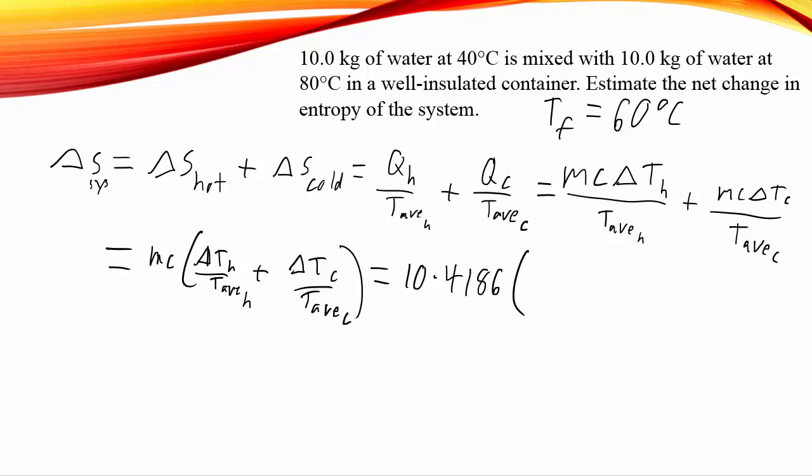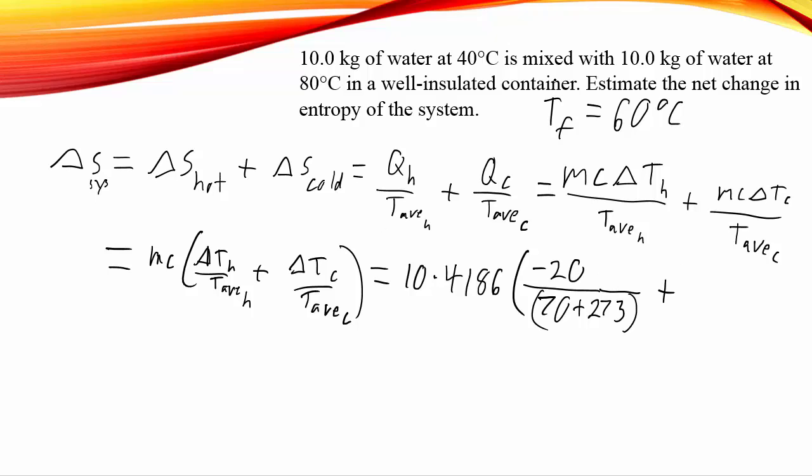It's going to meet in the middle if you have equal amounts of the same substance. So to go from 80 down to 60 is a change of negative 20. And the average between 80 and 60 is 70. And again, we got to convert to kelvins here. So there is that term for the hot.